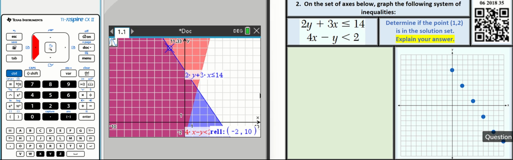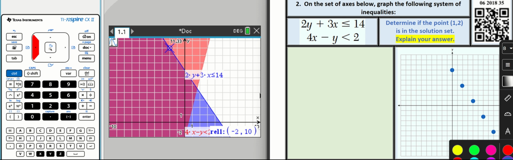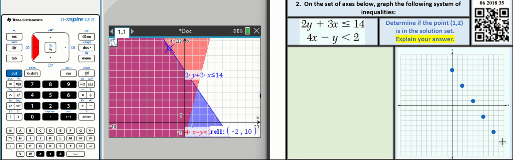So I noticed one of these points got misplaced. This one right here needs to be down one more. Oops, I did it again. Okay. There we go. And now we want negative 2, 10 on the other side.